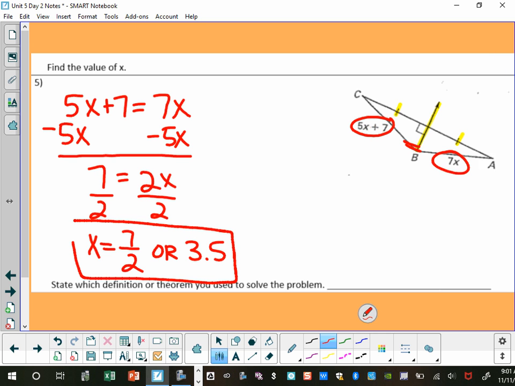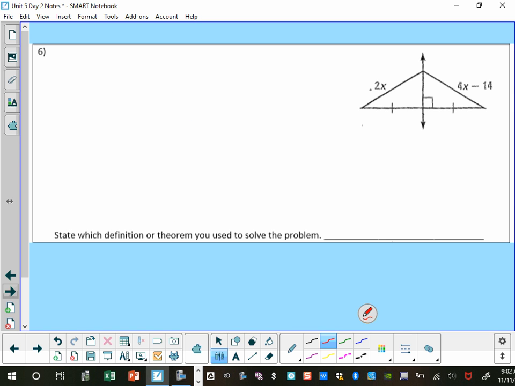I will probably always leave it as a fraction, but if you give me a decimal, that's not wrong. If you use decimals, it will probably give you a decimal. Any questions on number 5? All right, let's look at 6.